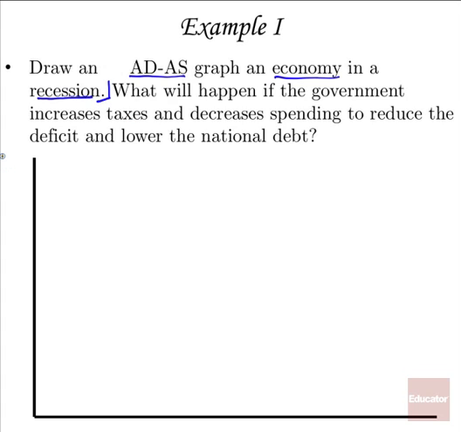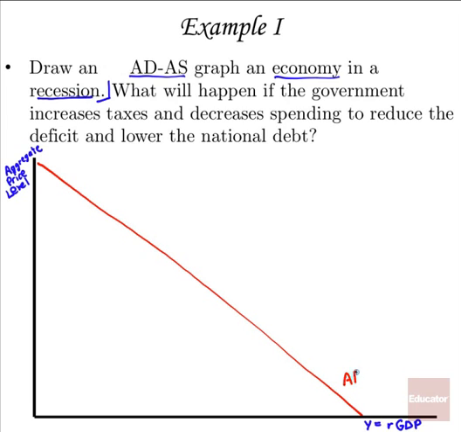So remember, on the y-axis, you're going to have the aggregate price level. So again, if you just write price level, it should be fine. And then here, you're going to have Y equals RGDP, so the real GDP. And what you're going to have here is the aggregate demand. So label this as AD1.